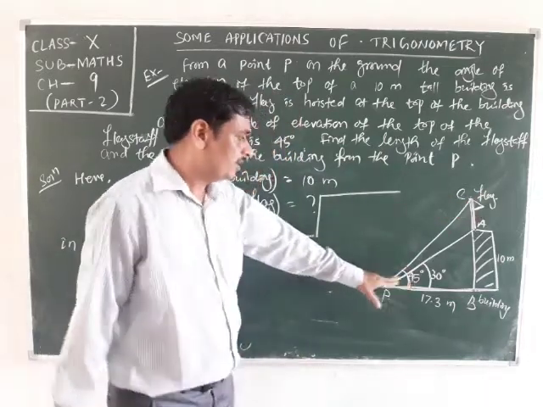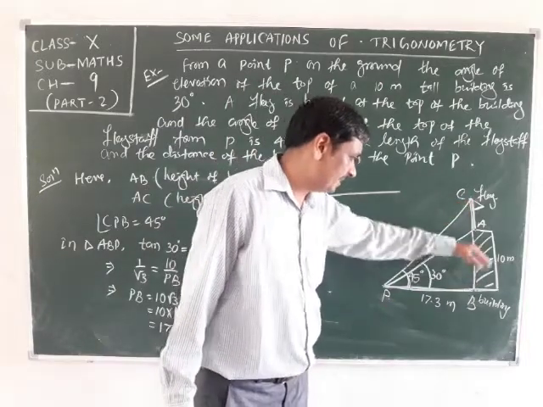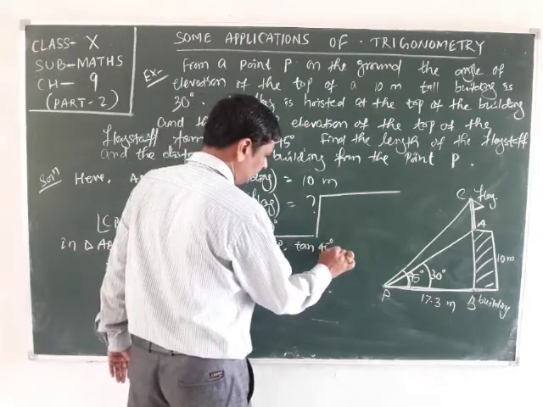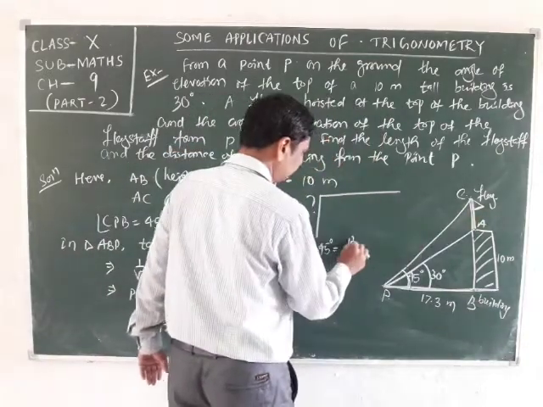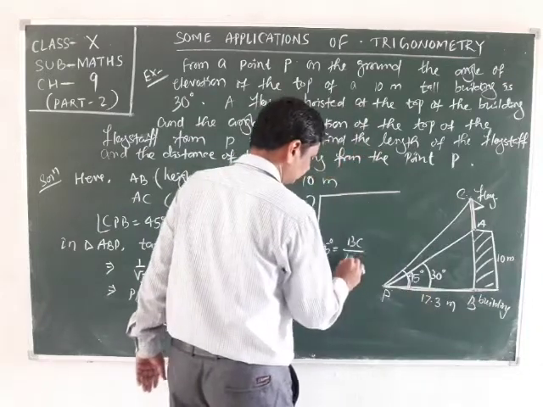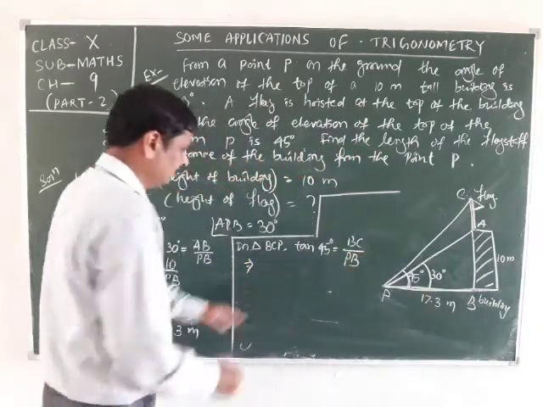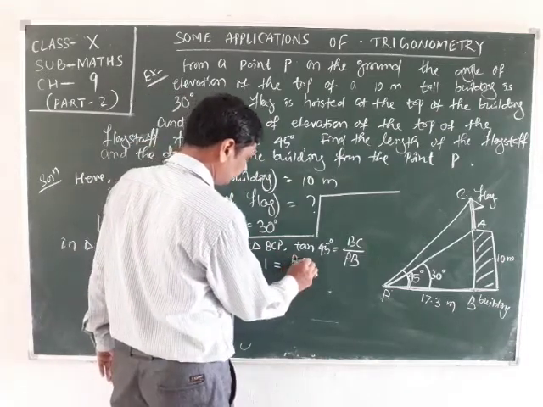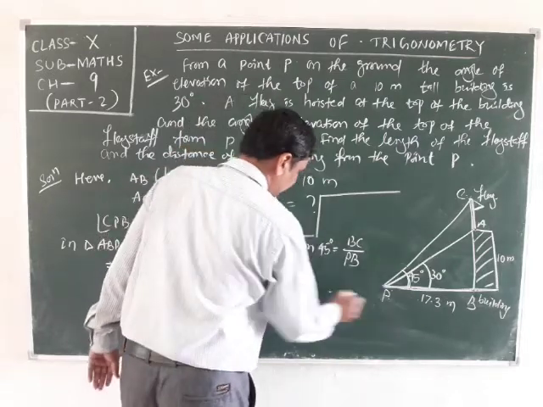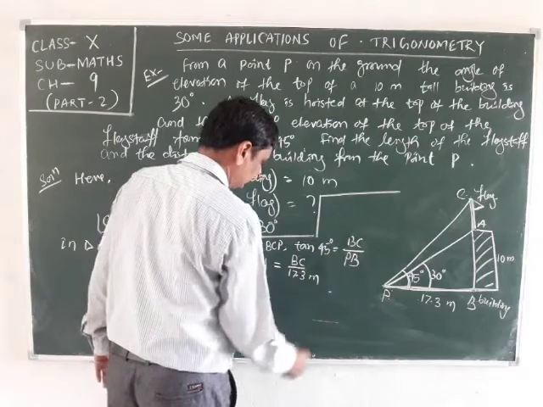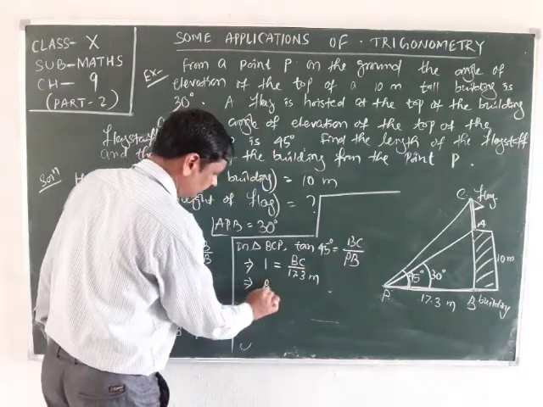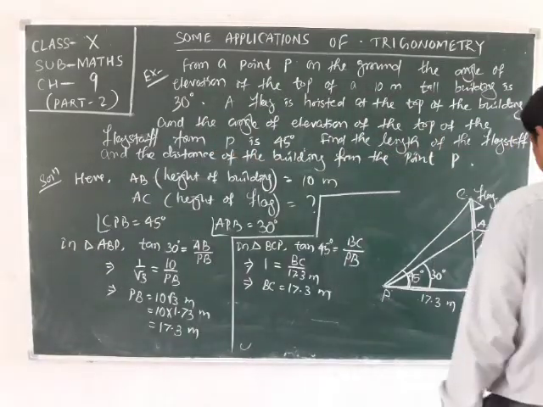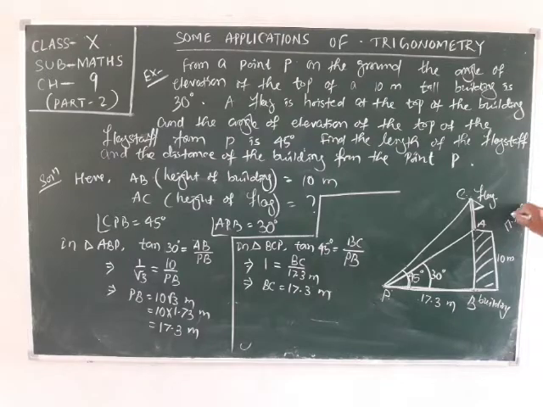So we will take tan 45 equal to BC by BP. Tan 45 degrees, that is equal to 1, is equal to BC by BP, which is 17.3 meters. This implies BC is equal to 17.3 meters. Now we got the value of BC as 17.3 meters.